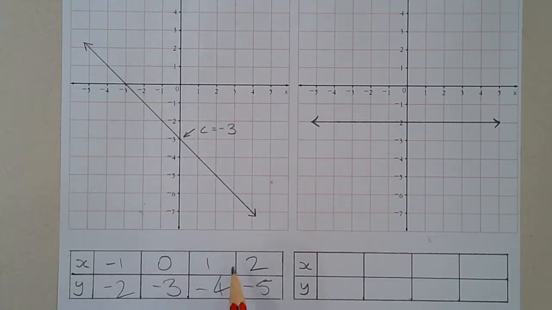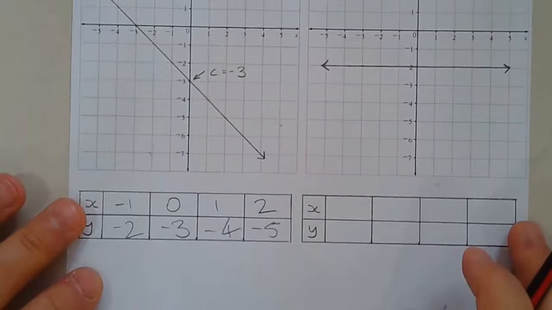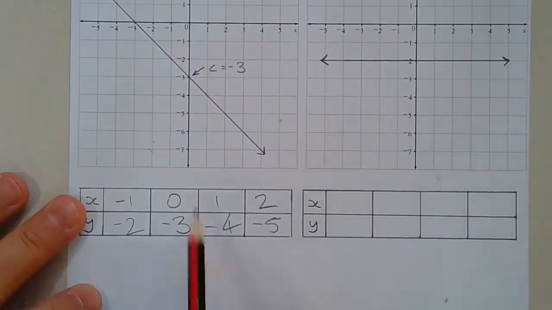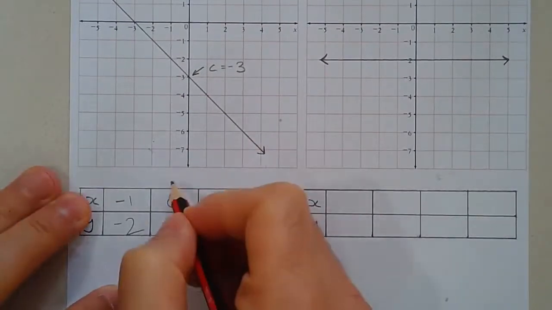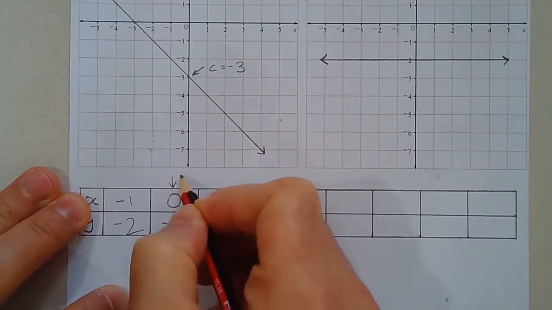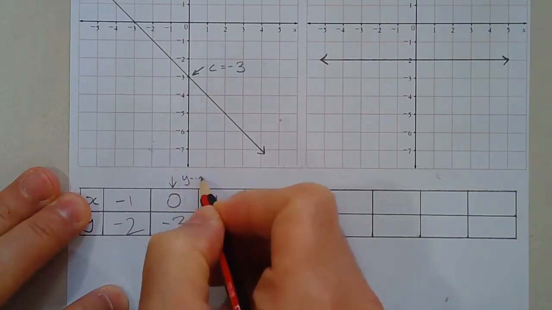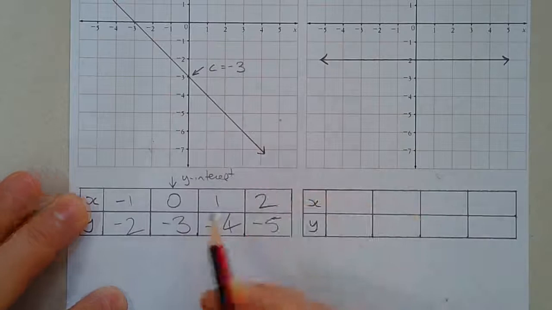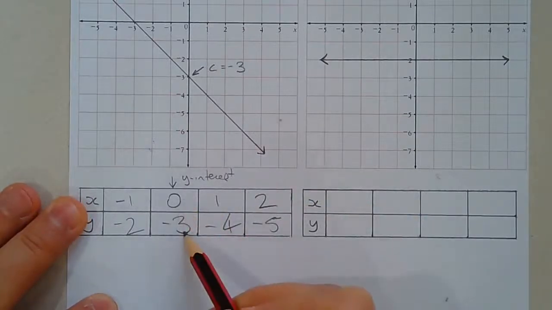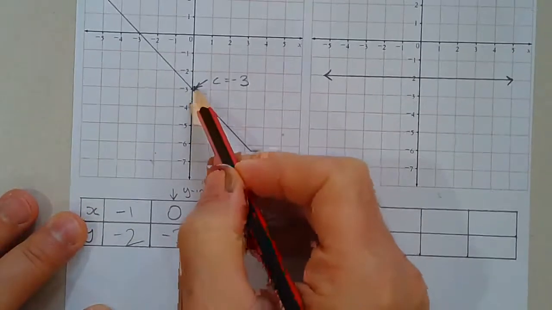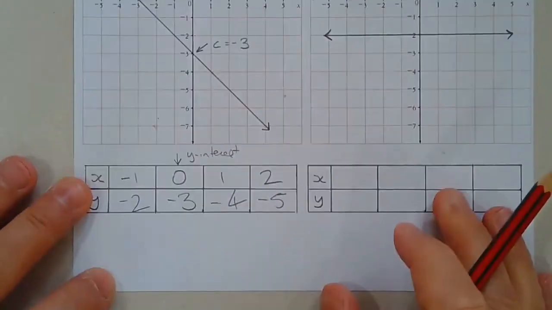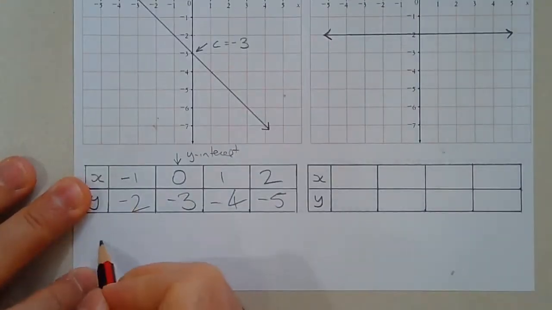So let's work out the gradient. Now from the table of values we can see also that this is the y-intercept. When x is 0, the value of y is identical to the y-intercept, in fact it is the y-intercept.